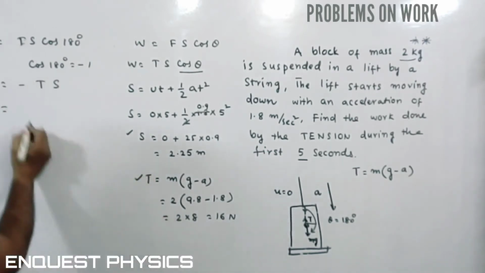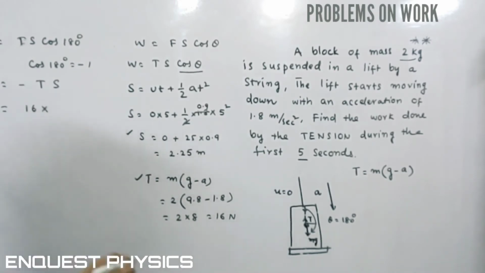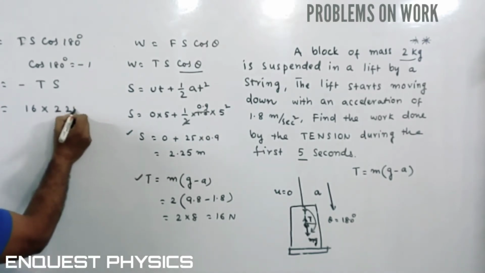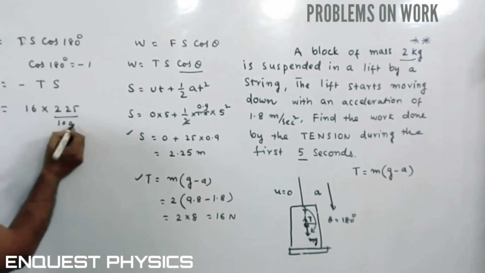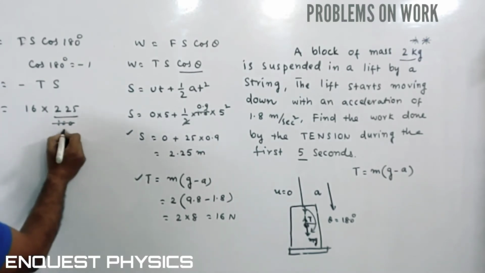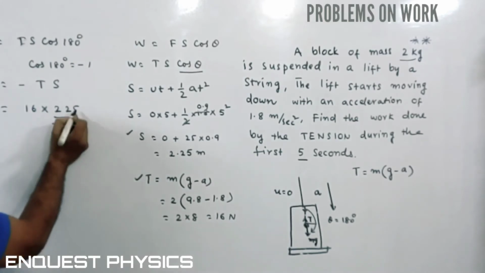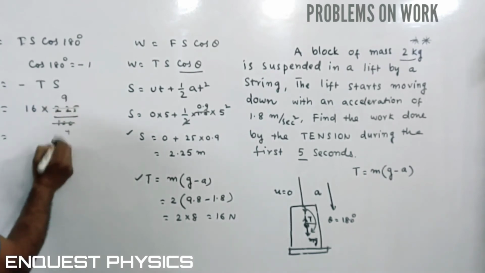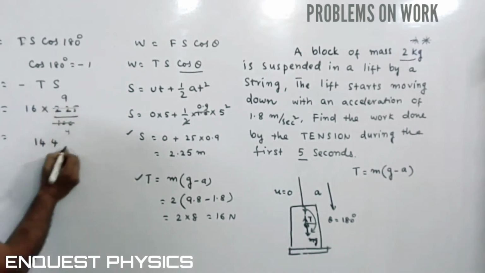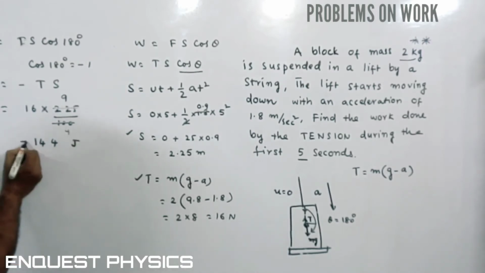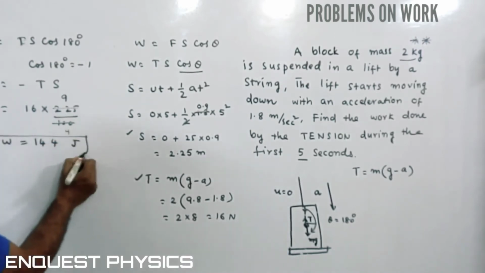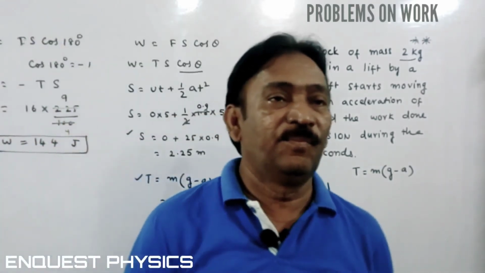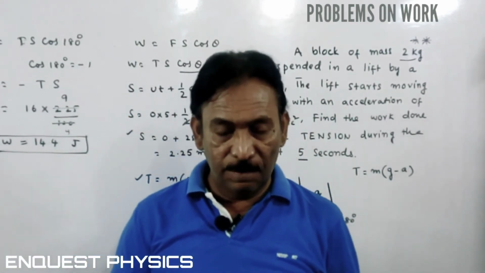Here we are substituting the value of T, it is 16, multiplied with the displacement we have, 225 by 10. Multiplying, work done is equal to minus 360 joule after 5 seconds of the journey. I hope you understood this problem, students.